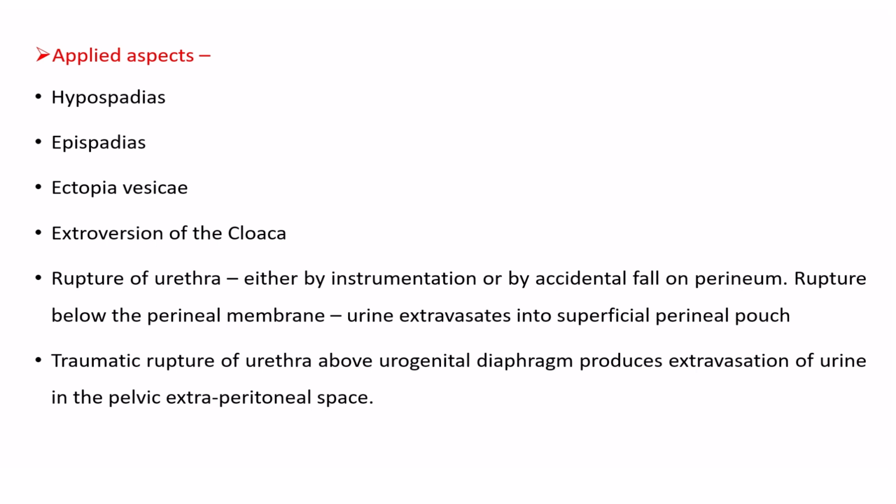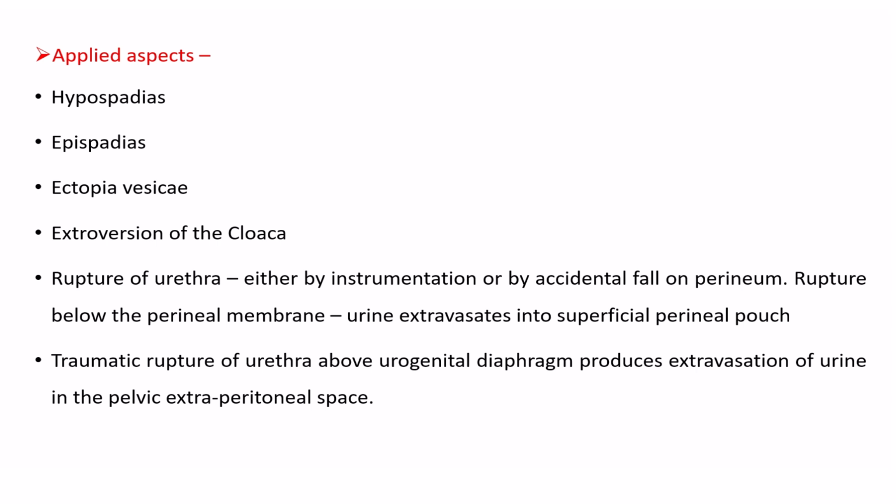So usually this instrumentation is when we are doing catheterization. We use Foley's catheter, which is passed through the urethra. So damage to the male urethra can occur when we are doing Foley's catheterization in the emergency ward, or during ICU stay of the patient, where the patient cannot pass urine on his own.